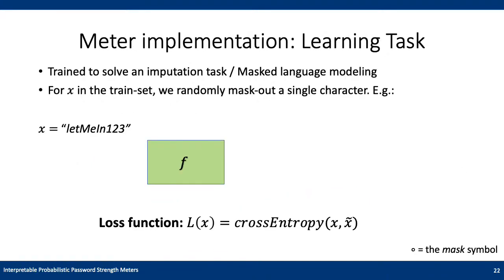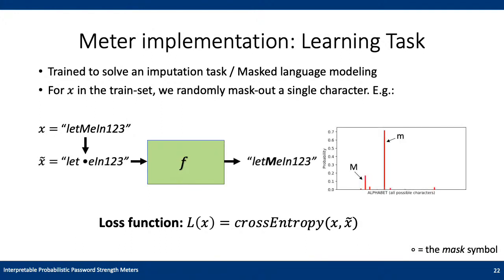We train the model in an imputation task, or more precisely in a masked language modeling task. That is, during the training, for each password in the training set, we randomly mask out a single character from the input password. Then the masked password is fed into the model, which is trained to recover the masked character, basing only on the remaining visible characters.